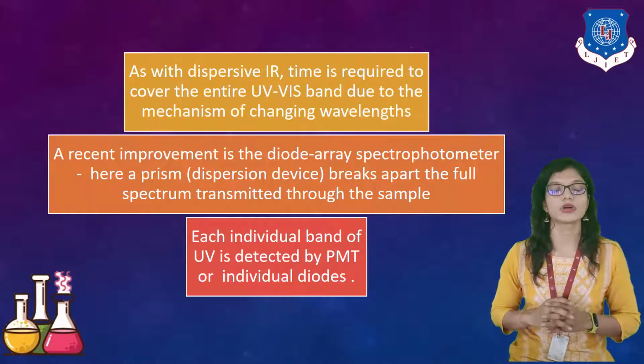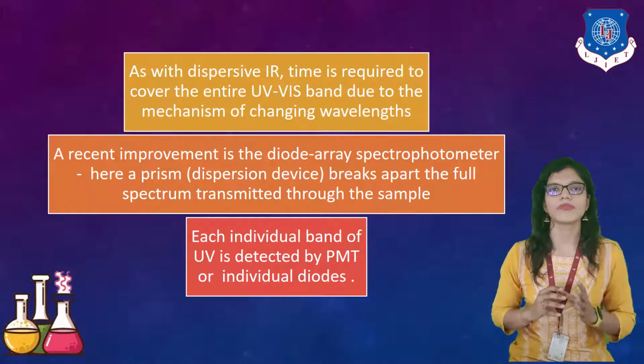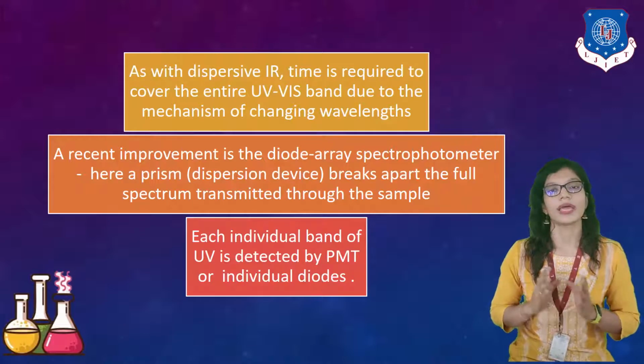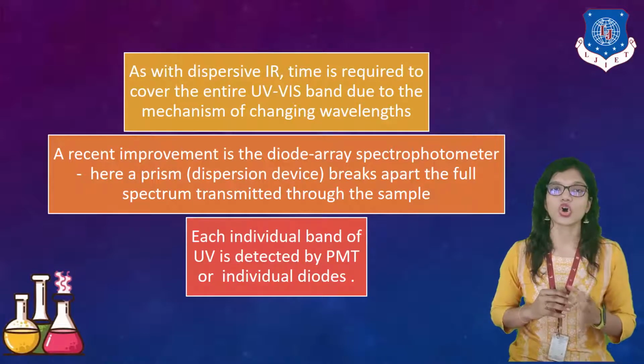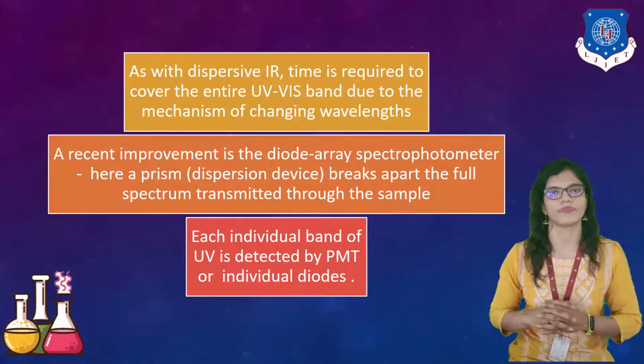UV visible spectroscopy is found in each and every chemical laboratory, every research and development laboratory, and even in higher education departments. A normal sample of food can be analyzed through it, while a huge sample of protein can also be analyzed through UV visible spectroscopy.